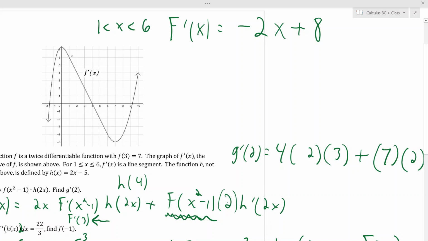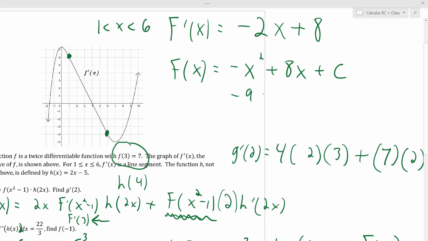That line, -2x plus 8, means f of x has to be -x squared plus 8x plus c. We know that when you plug in 3 to f, you have to get 7. So that will be -9 plus 24, which is 15. So c would have to be -8.